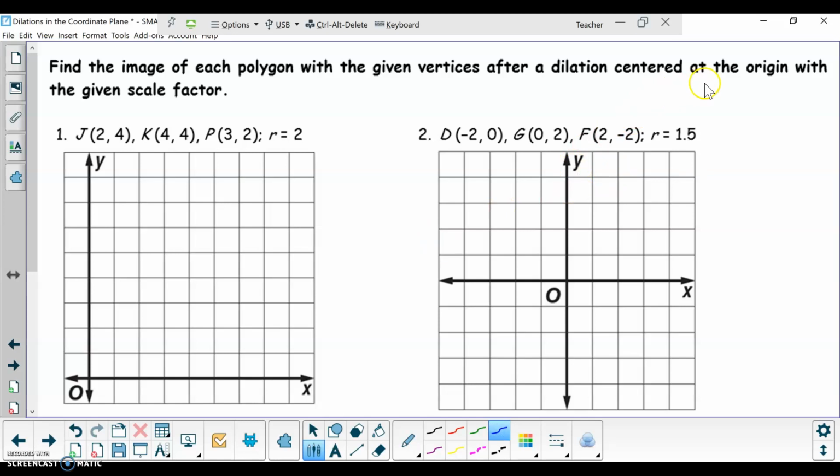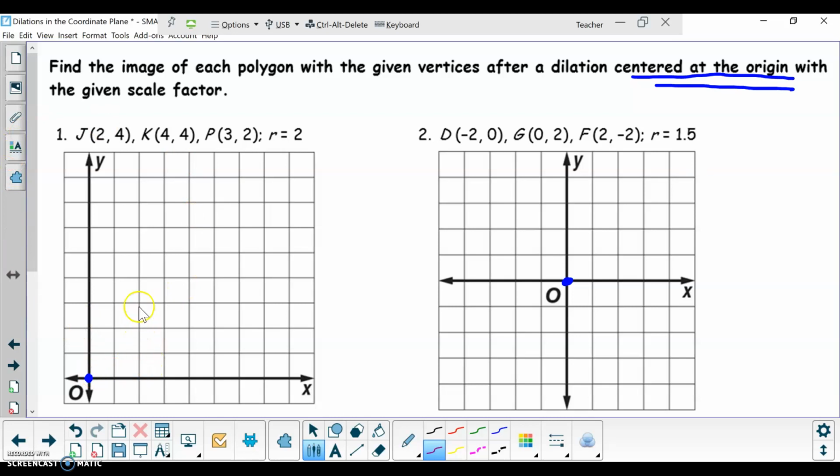Okay, so in both of these examples, our center of dilation is the origin, right? So we know that the origin is the point 0, 0. So the first thing I'm going to do is graph my original triangle.